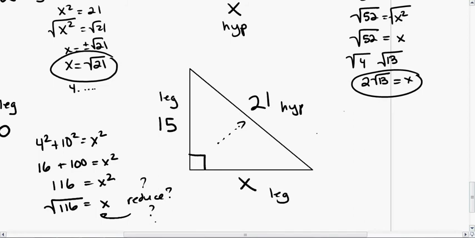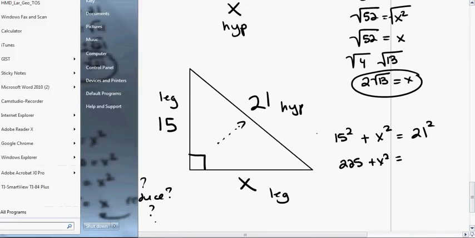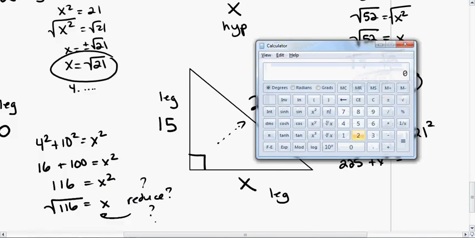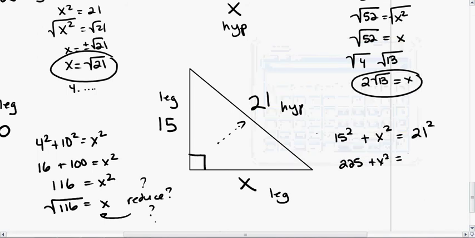So leg squared, 15 squared, plus x squared, that's the other leg, equals 21 squared, that's the hypotenuse. 15 times 15 is 225 plus x squared. 21 times 21 is 441. And I'll let you finish up that one.